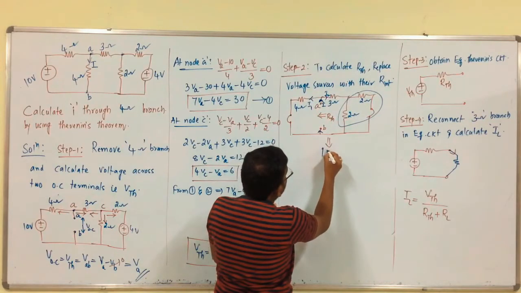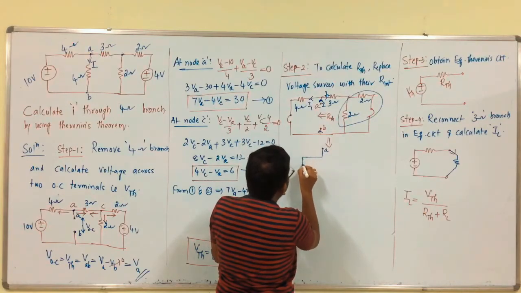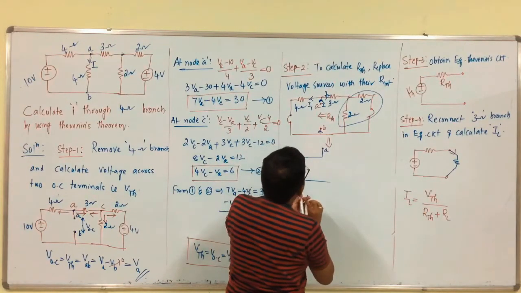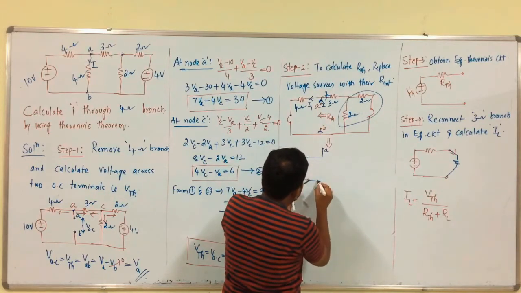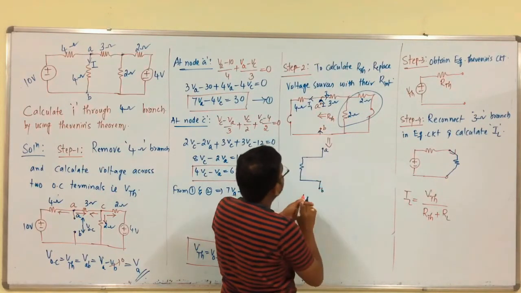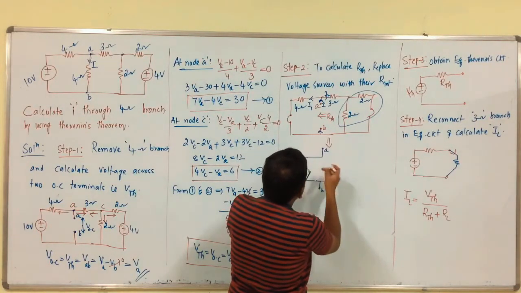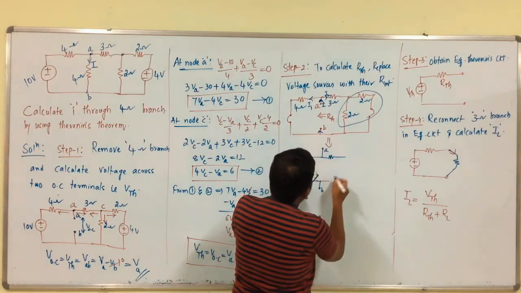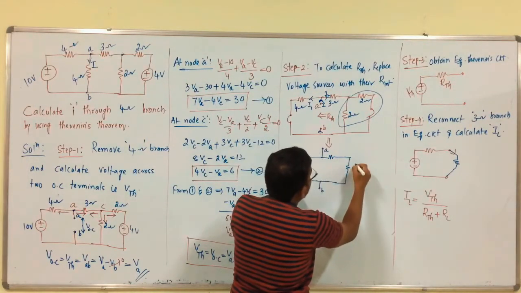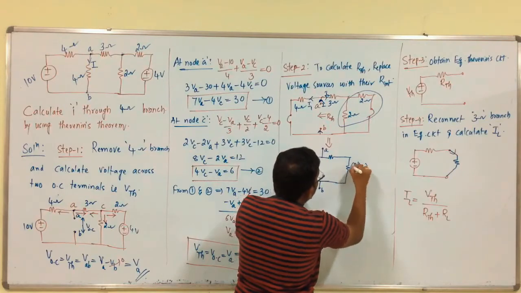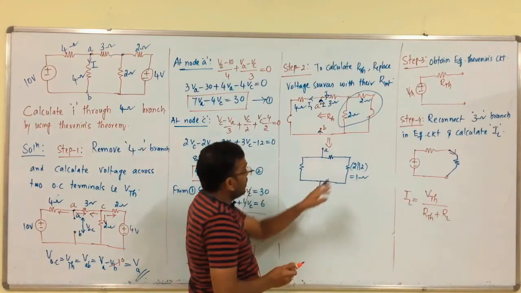So, this is a 4 ohm branch, this is B, this is 3, and this is what? 2 is parallel with 2, which is equal to 1 ohm.